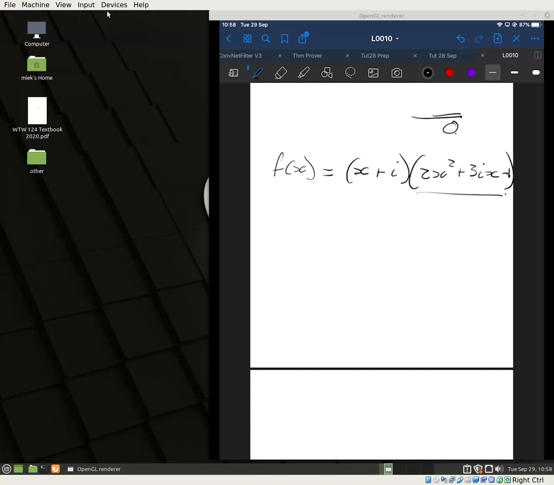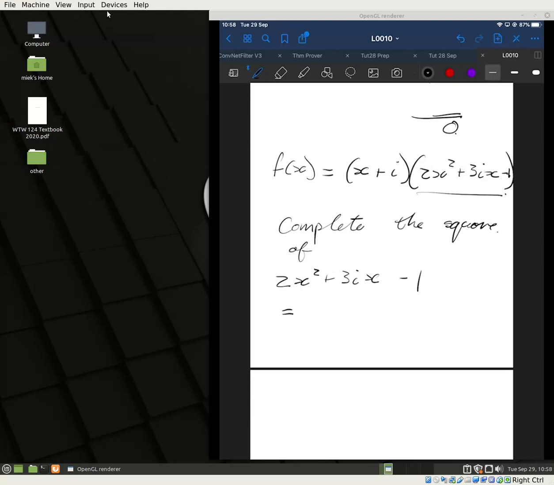So we complete the square of the following: 2x squared plus 3ix minus 1.